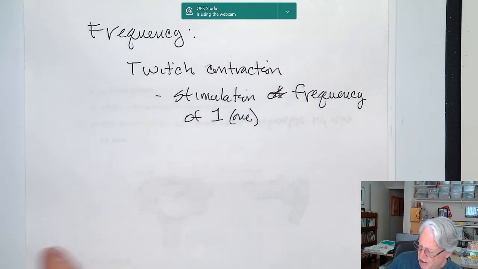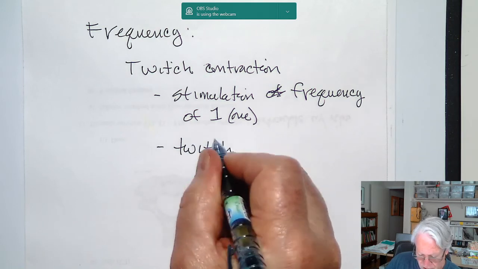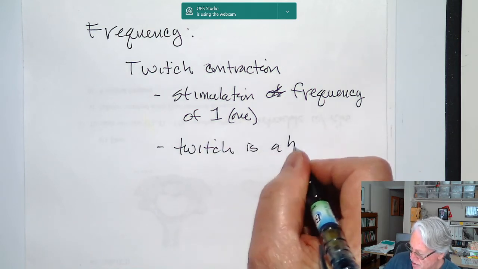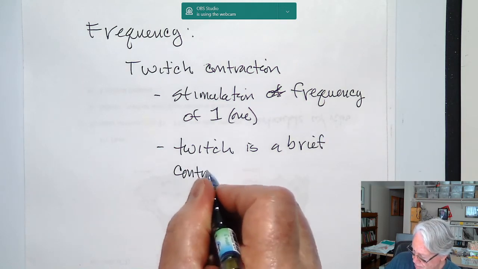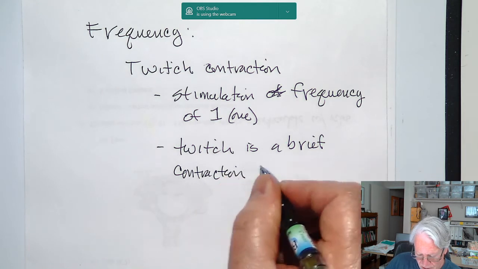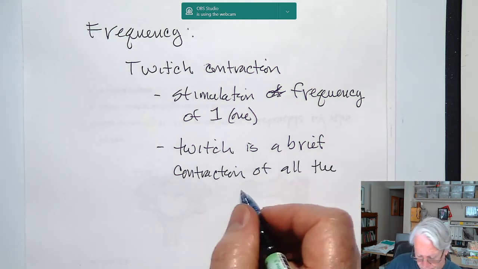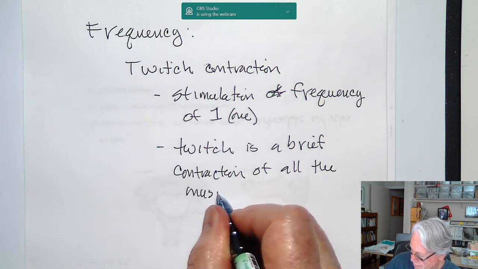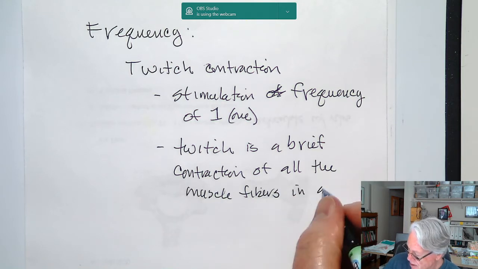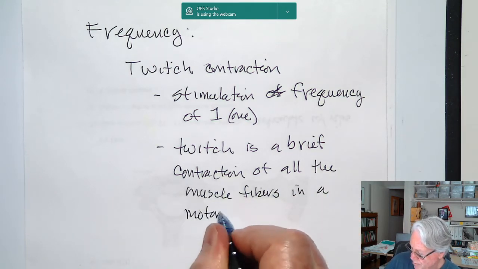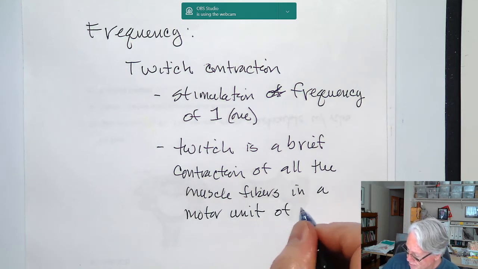Okay. So to put it in words, a twitch is a brief contraction of all the muscle fibers in a motor unit, of a muscle.